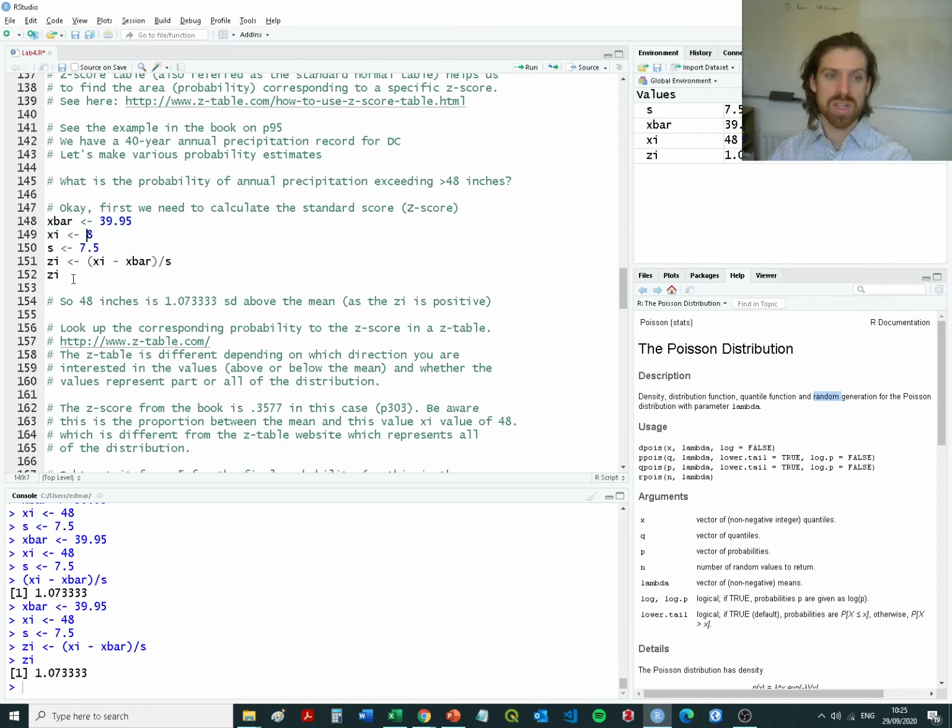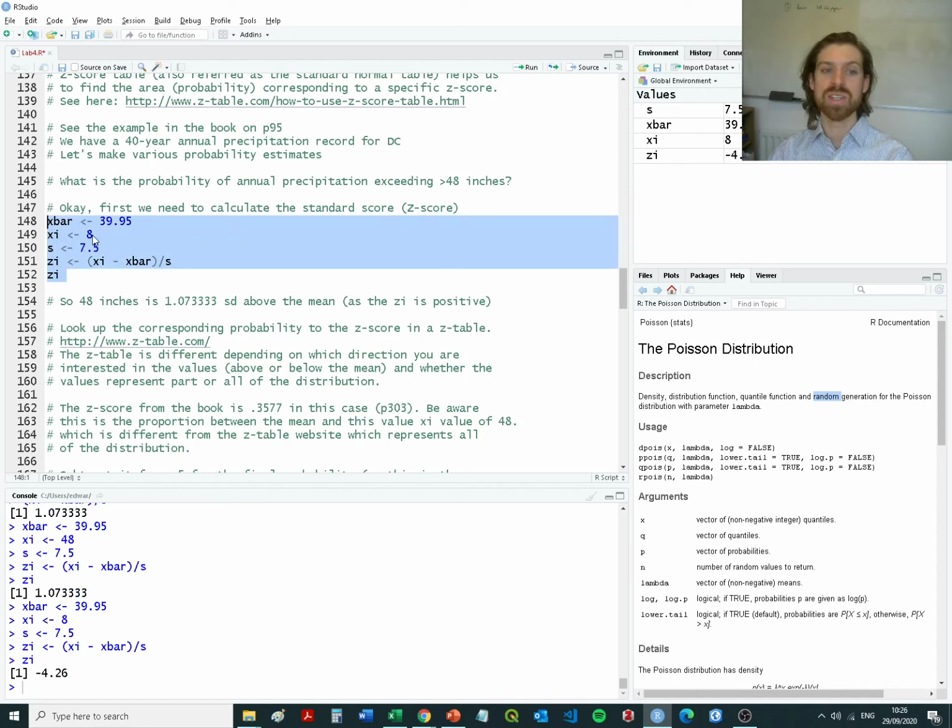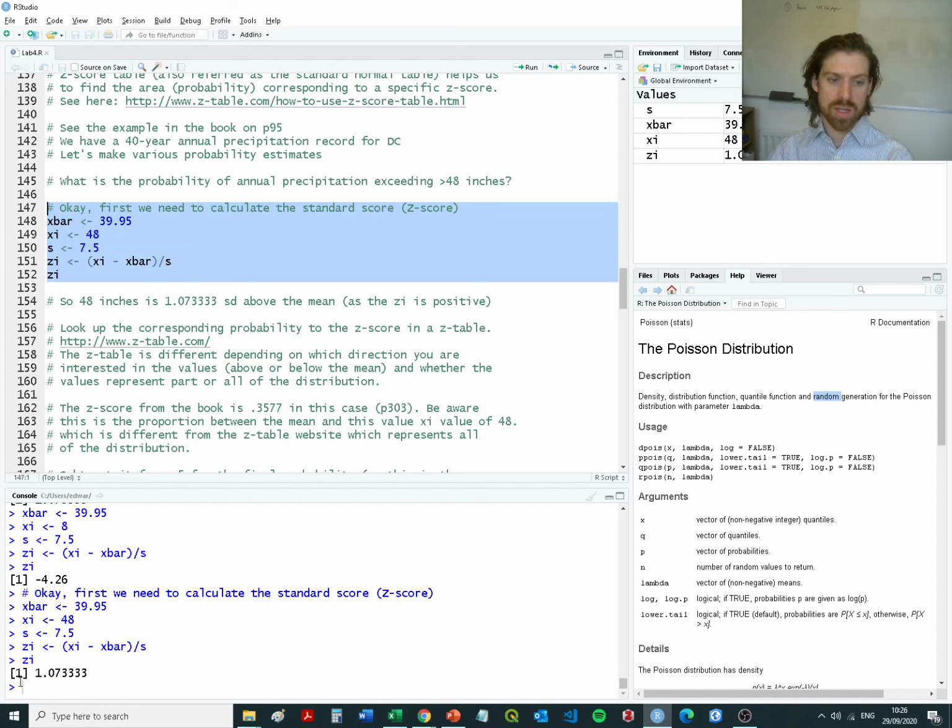So if we just did this for a very low number, say just 8 inches a year, then obviously it's going to be negative because it's going to be minus 4.26 standard deviations below the mean, okay? So let's calculate that z-score that we want, which is 1.07 here.